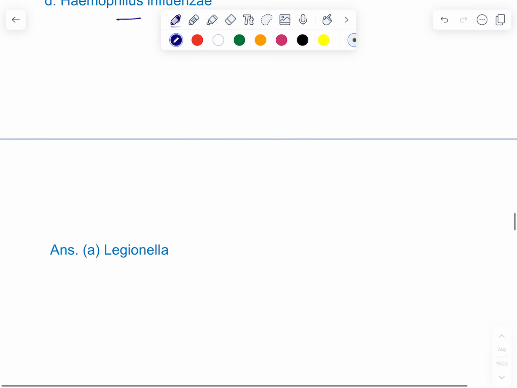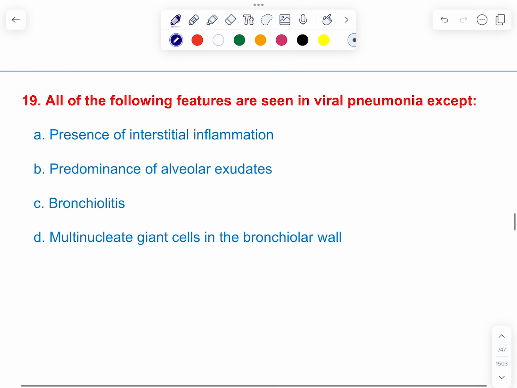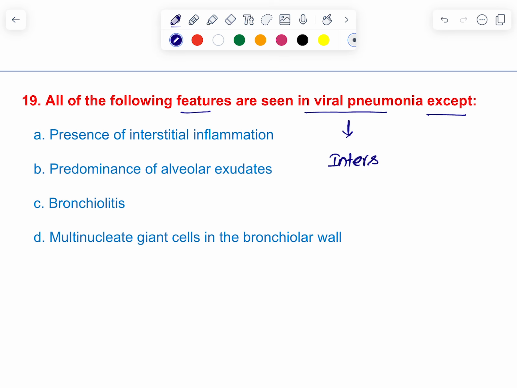Alright, next question. All of the following features are seen in viral pneumonia except: presence of interstitial inflammation, predominance of alveolar exudate, bronchiolitis, multinucleate giant cells in the bronchial wall. Viral pneumonias cause interstitial pneumonia, and they will have interstitial inflammation, definitely.